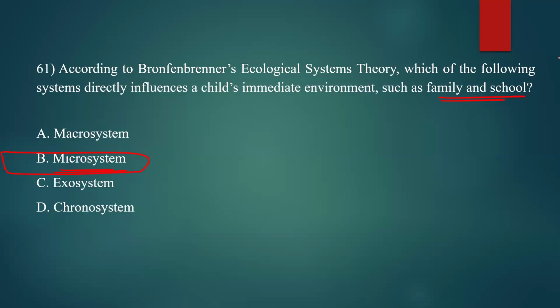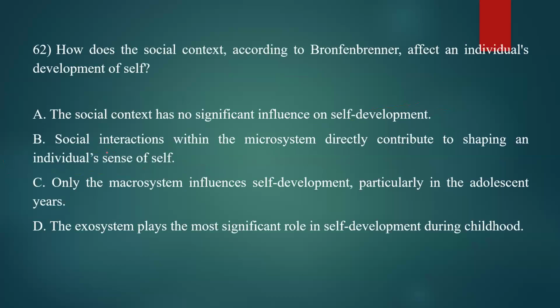That is given in the question, but the answer is microsystem. Family and school are the primary things related with a student, so it is related with the microsystem only. When you see words like family and school, you can connect them directly with micro. Next one, 62.